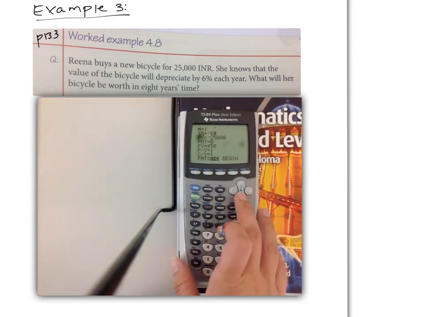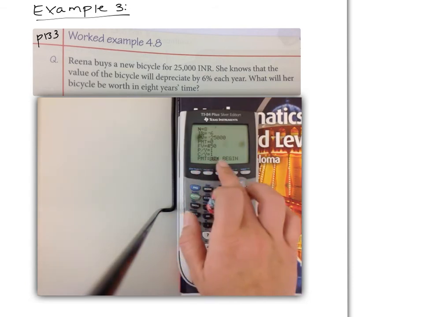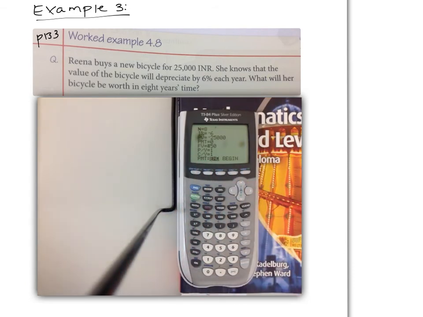My n is going to be 8, and I want to solve for my future value. Notice we're not touching the compounding periods per year for inflation or depreciation. So my future value, alpha solve, tells me that in 8 years' time, it's going to be worth only 15,239.22 INR.